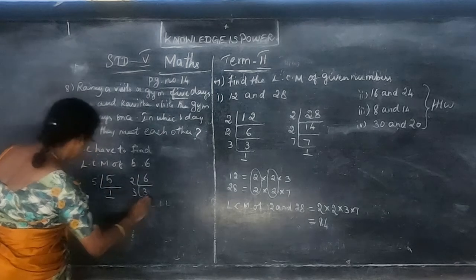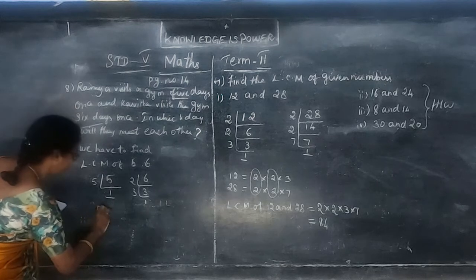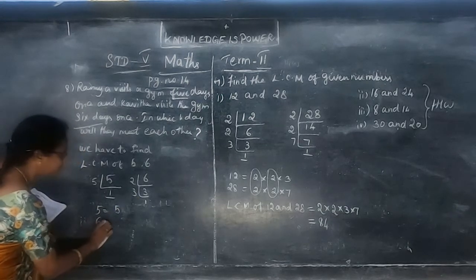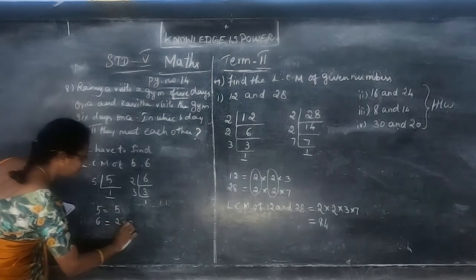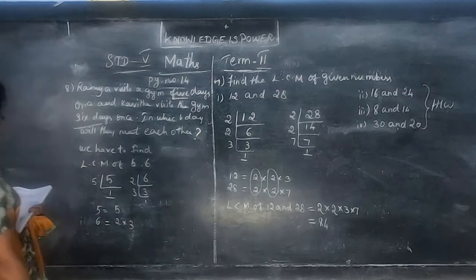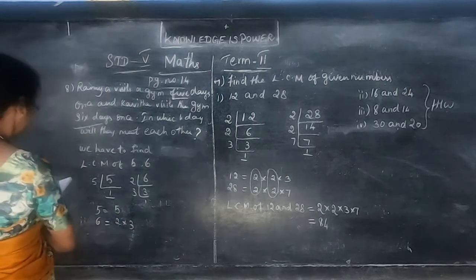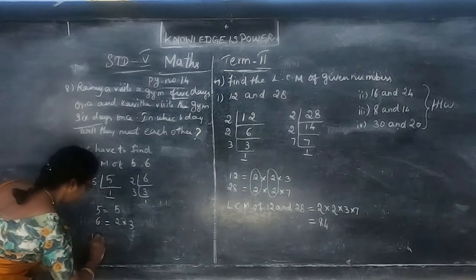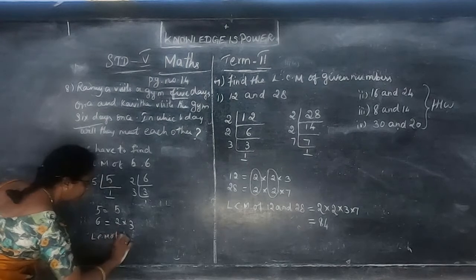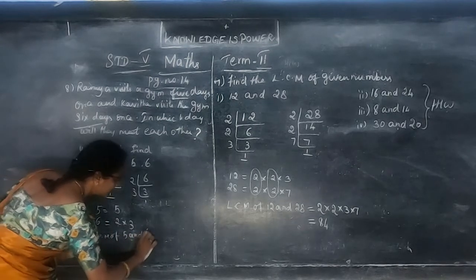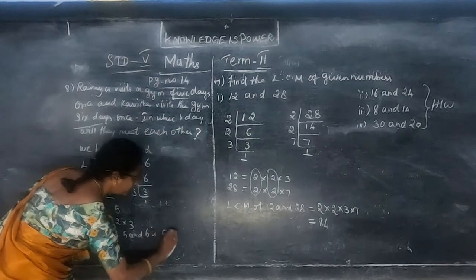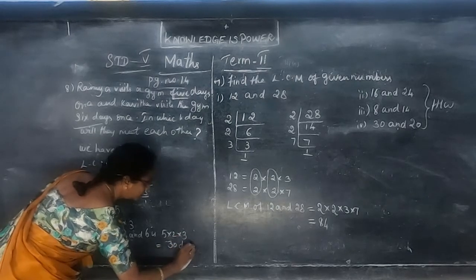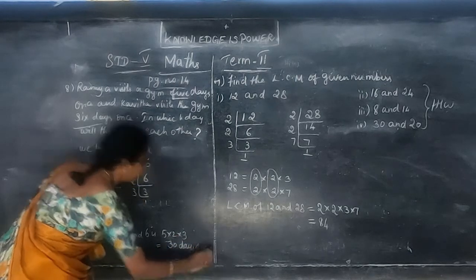So 5 is 5 into 1 and 6 is equal to 2 into 3. With no common factors, the LCM of 5 and 6 is 5 into 2 into 3. So 5 2s are 10, 10 3s are 30. So 30 days once they will meet each other.